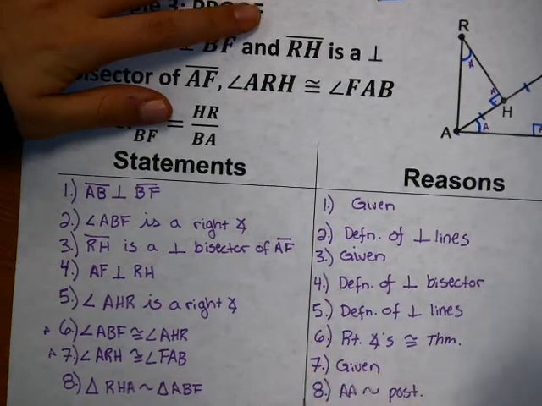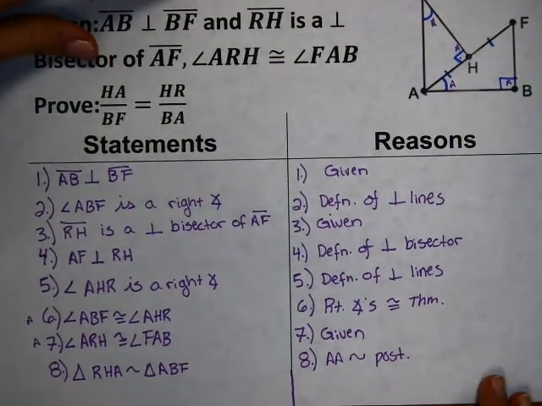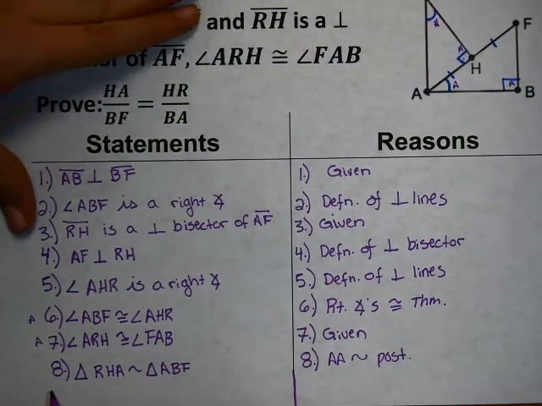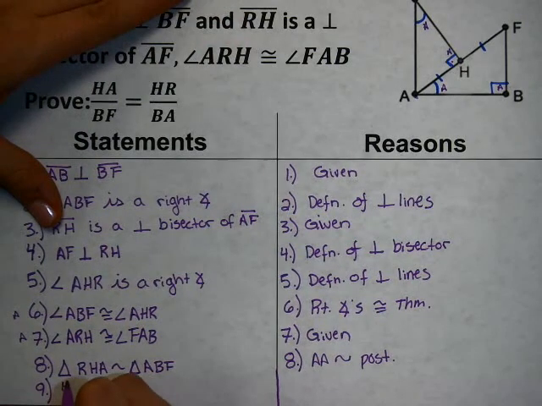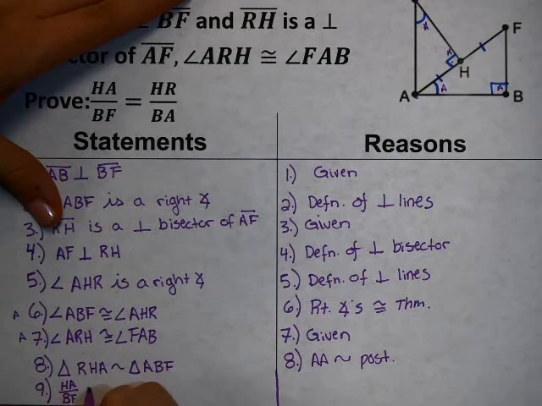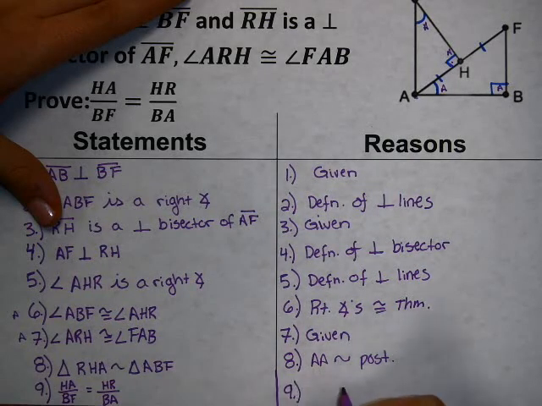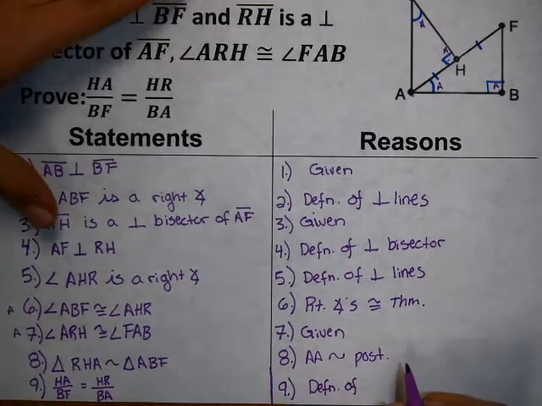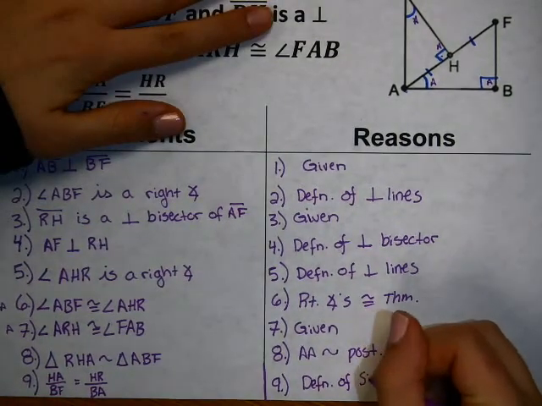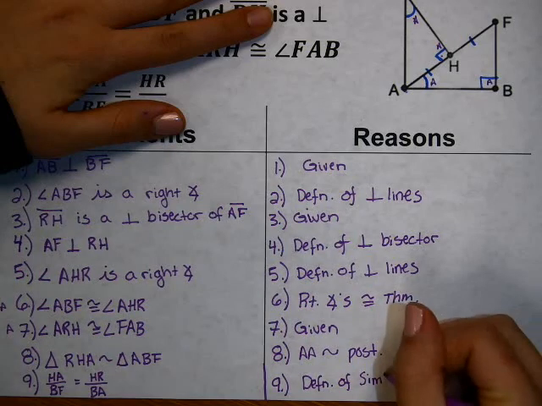I'm going to squeeze one more in here at the bottom so we can have our proof statement. Alright, so now we can say that HA over BF is equal to HR over BA, and that's definition of similar triangles.